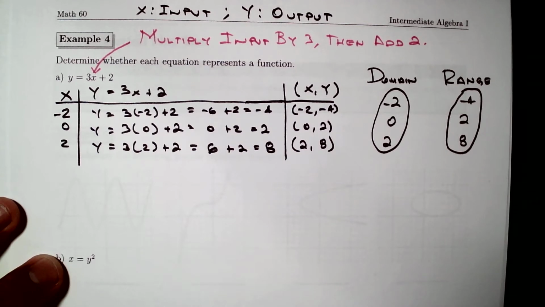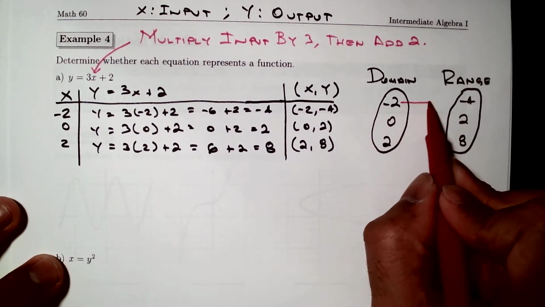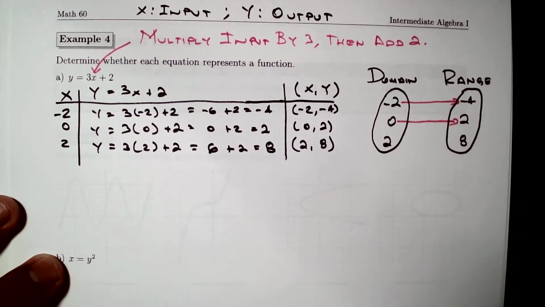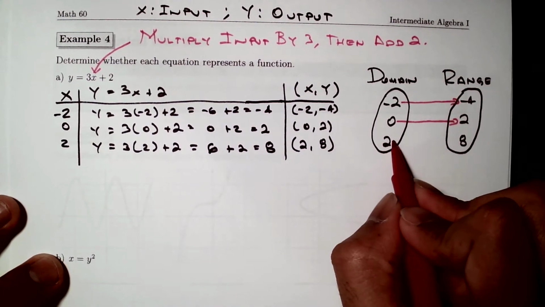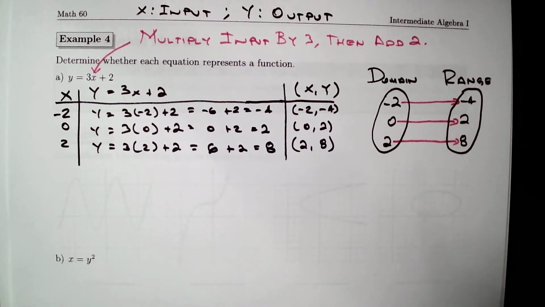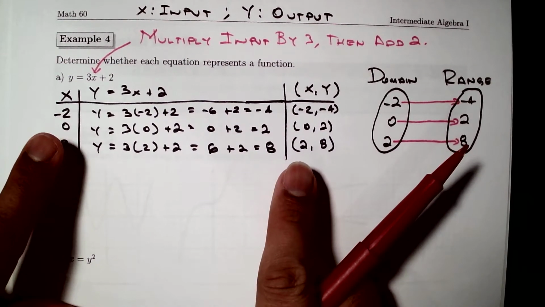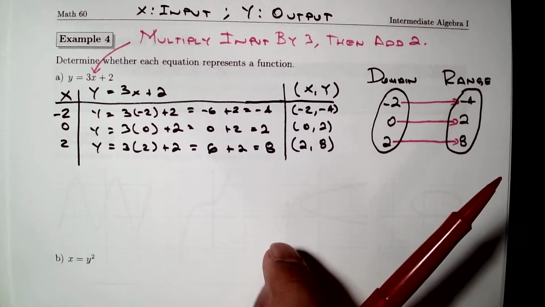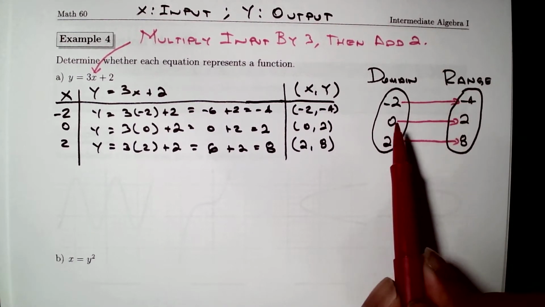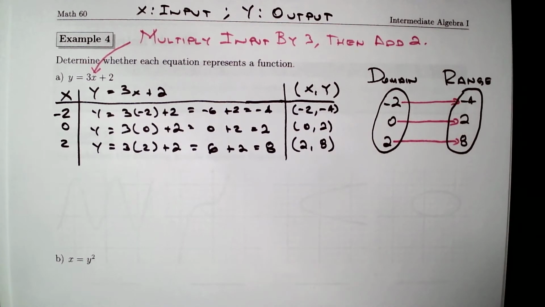If we do the correspondence here, -2 gets mapped to -4, 0 corresponds to 2, and 2 corresponds to 8. We can continue doing more and more values, but we don't need to. Here we can see that with these 3, we have a function.